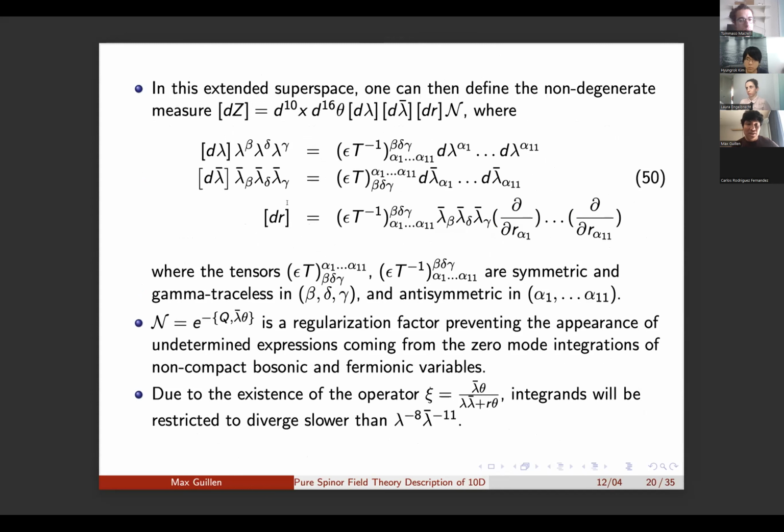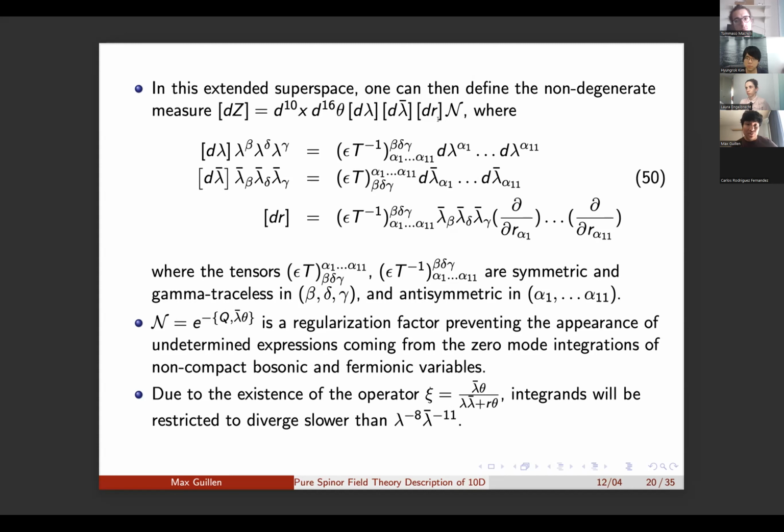These are some formalities here, so I can construct the measure just by using these tensors here. These tensors can be found in the literature. Basically, they're just some expressions of gamma matrices and also Kronecker deltas. Okay. An important point here is that we need this N factor, which is basically a regularization factor, because when we integrate these variables, we will find some zero mode integrations associated to non-compact bosonic and fermionic variables.